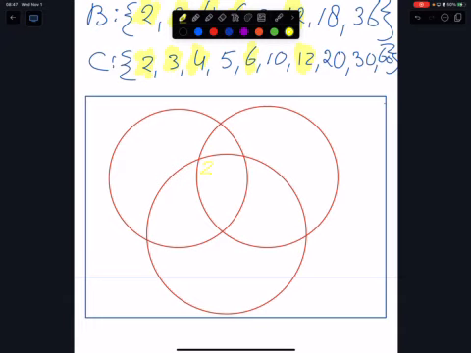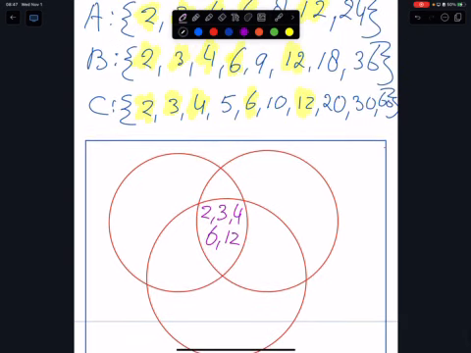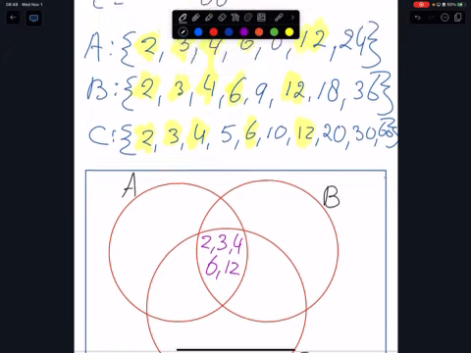Oh, you don't see it very well. 12. And C. All right.